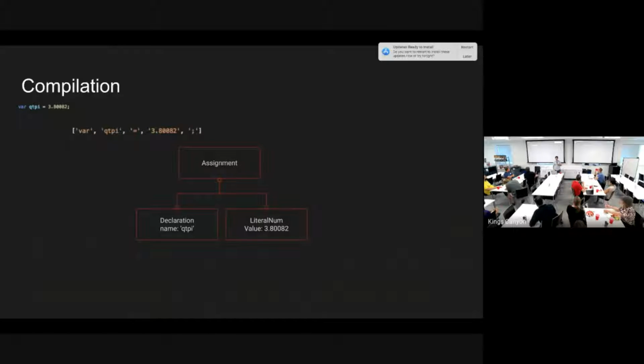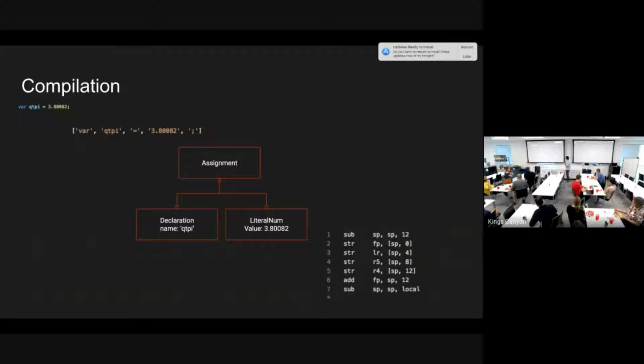The parsing stage would take that and turn it into an abstract syntax tree. This is something I just pulled out of thin air, but it's roughly what an abstract syntax tree might look like. And lastly, we get this stuff that hopefully we'll never have to look at in our careers, right? Because we left that behind in our computer organization class, and writing assembly is just god awful.